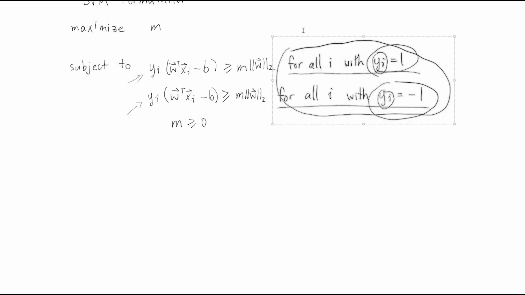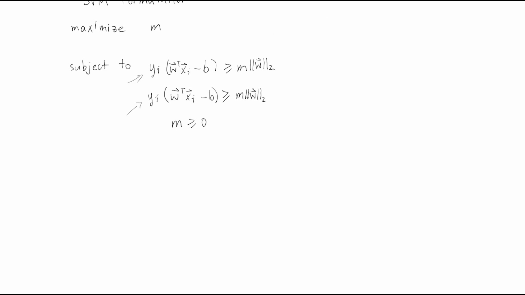We can combine these two lines and we can simply say for all i. And we don't need the second condition anymore. Okay, so took a bit of work, but now we have something quite simple.